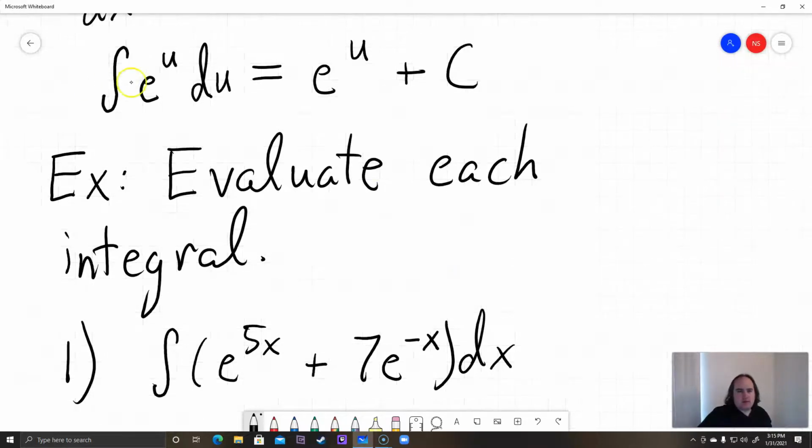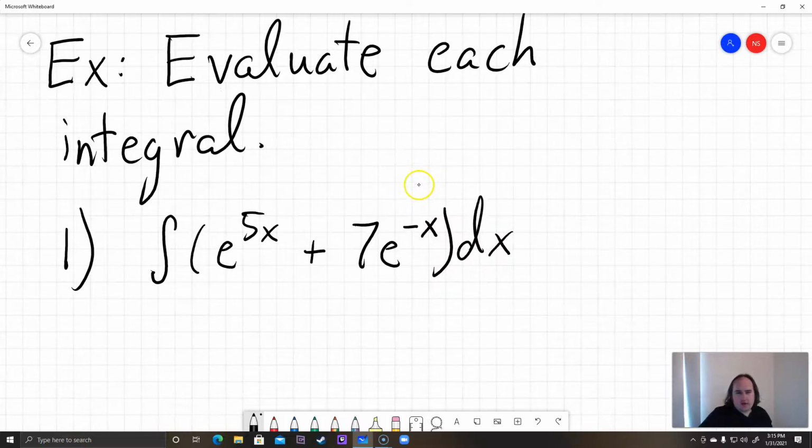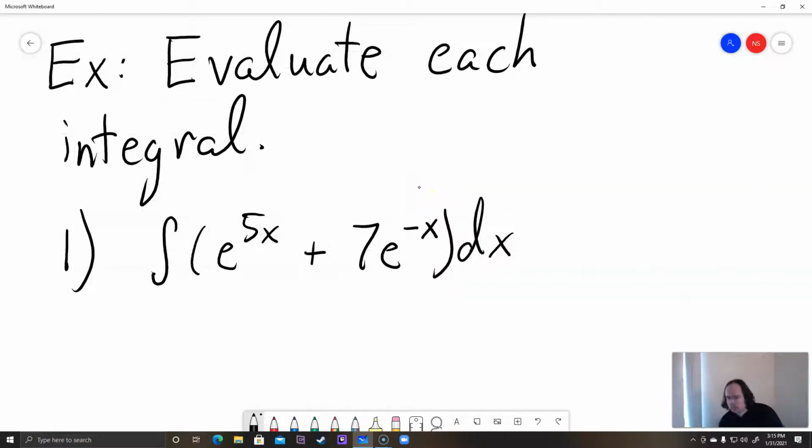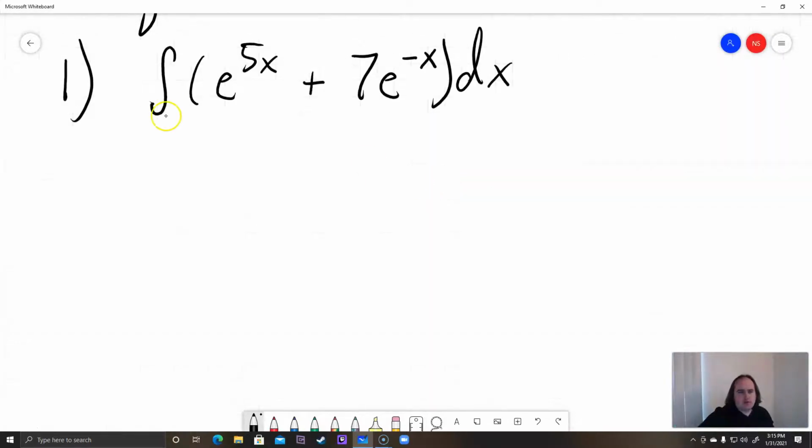So using this new rule that we're learning here, the integral of e to the u du equals e to the u plus c. Of course, to use u substitution, you can't have dx, you actually have to have du. So let's figure out what we need to do here. For these integrals, remember you can split them up into multiple terms. In other words, I can distribute the integral symbol to each of those terms.